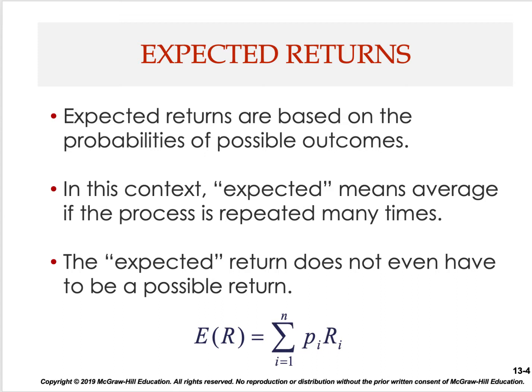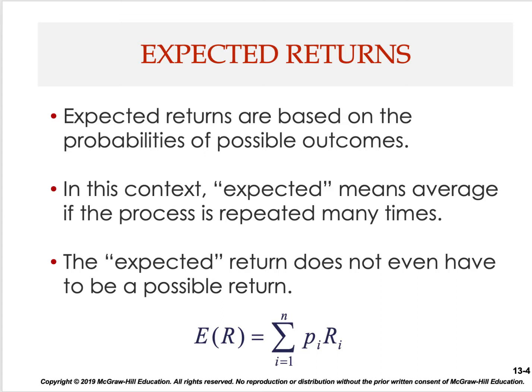Okay. So basically, what we're saying is, based on these predictions, there's a probability of a certain outcome. Okay, if the economy booms, we have a 30% probability that we'll have a 70% return.